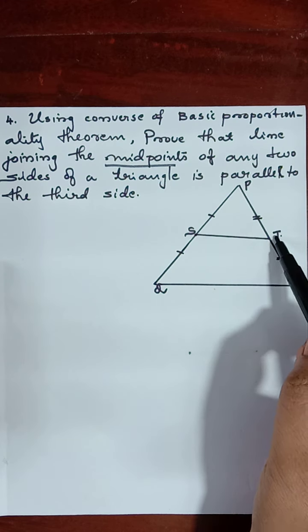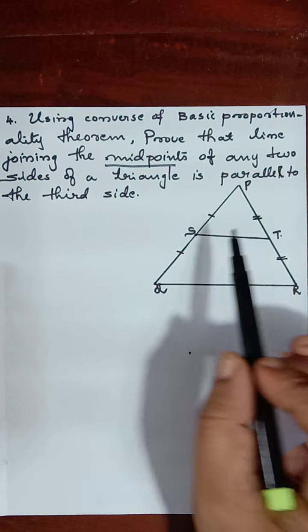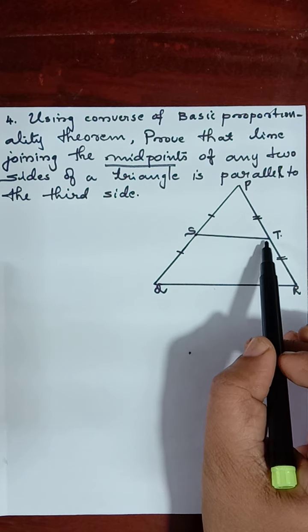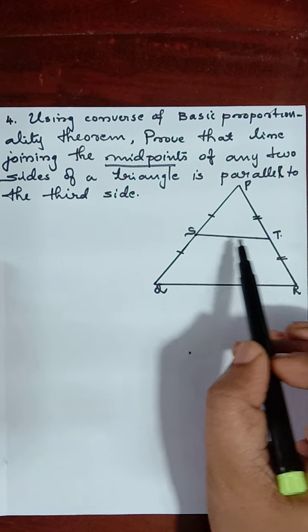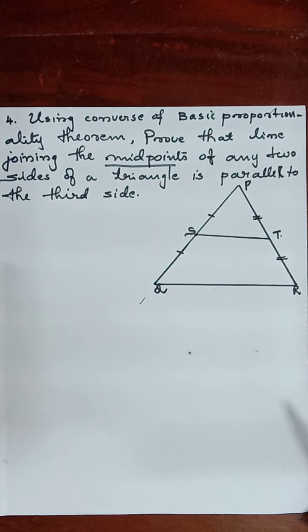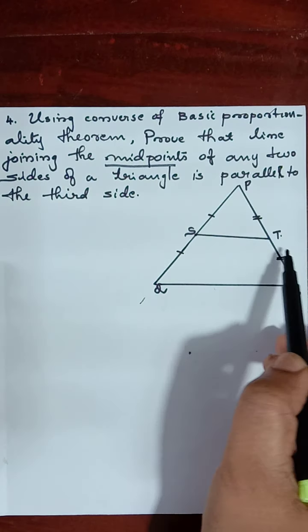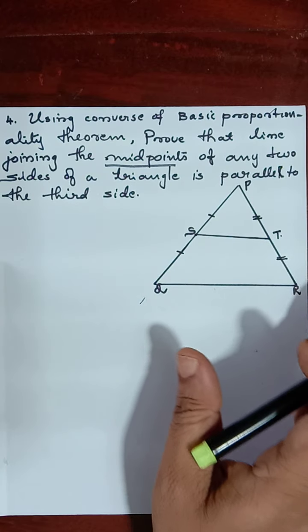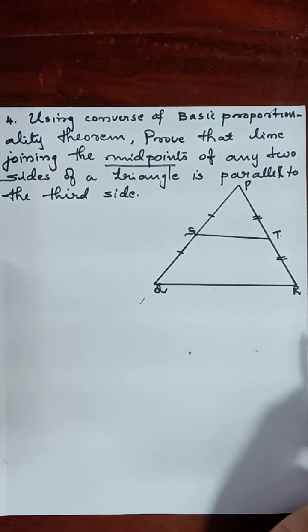That is why PT is equal to TR. So line joining the midpoint of two sides of a triangle. ST is the line passing through midpoint of two sides PQ and PR. We must prove that ST is parallel to QR. So actually figure won't be given. According to the question, I have drawn the figure.